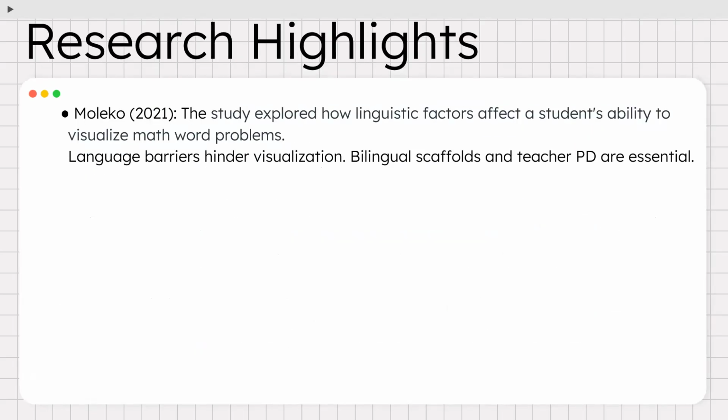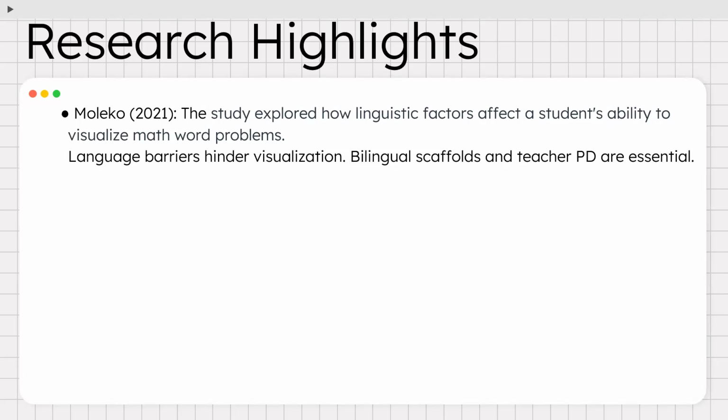Moleko's study explored how linguistic factors affect a student's ability to visualize math problems. It was done in South Africa, in a region where the dominant home language is Sesotho, but the language of learning and teaching in school is English. So these students could be considered as English language learners. Teachers reported that students had difficulty forming visual images of word problems due to language barriers like poor reading skills and difficulties in code switching.